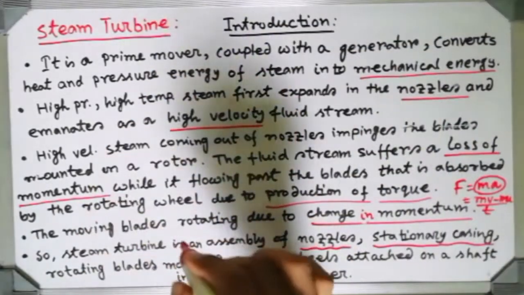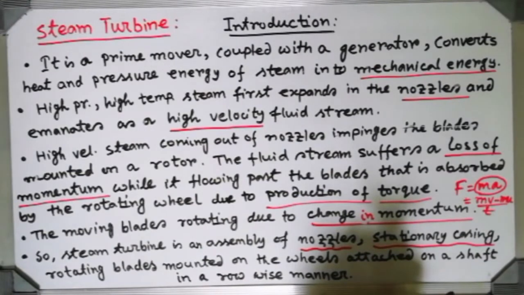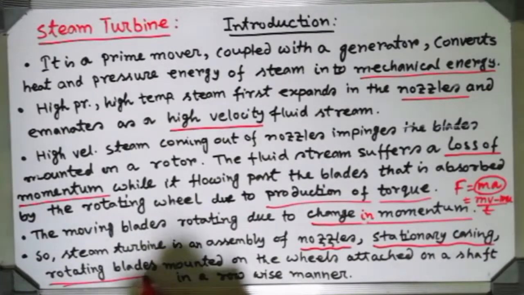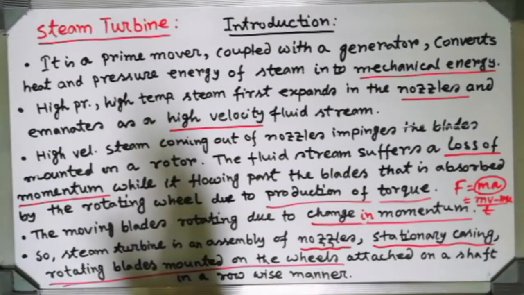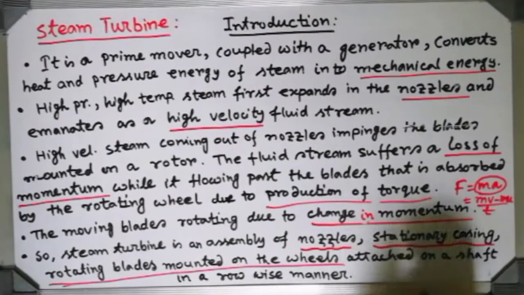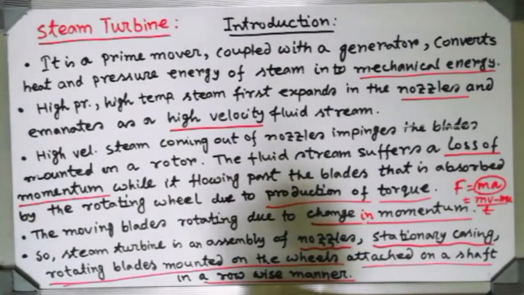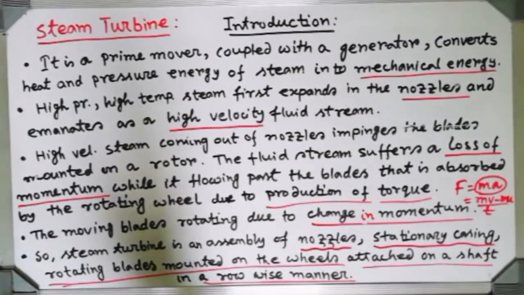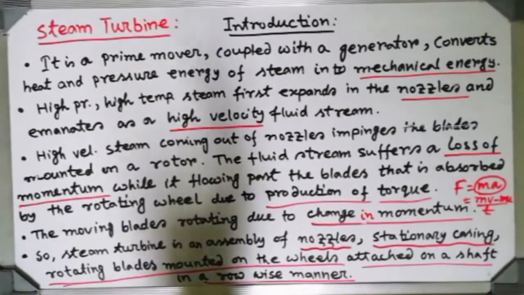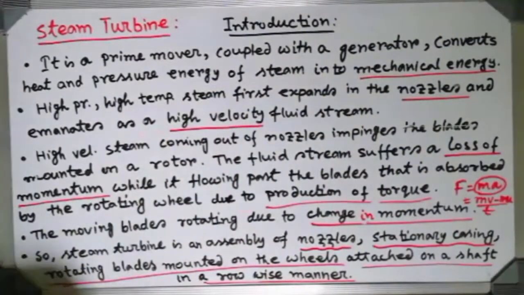Inside that casing, the whole turbine is placed properly, with rotating blades mounted on the wheels, which is the rotor part, attached on a shaft in a row-wise manner. Row-wise means, if you want to design an efficient turbine, then you cannot keep only one row of blades. Multiple rows will be there.